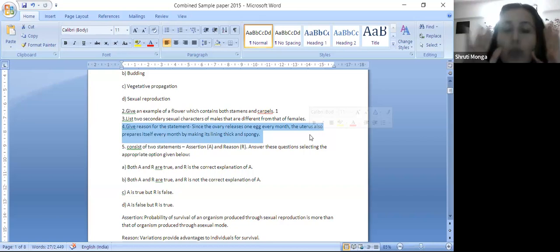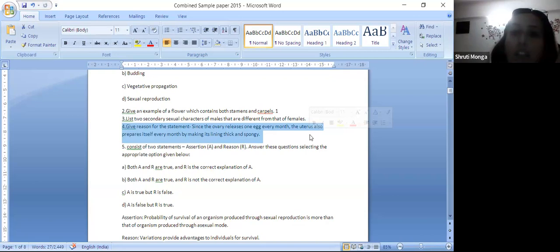You can write that for implantation to take place, the zygote formed as a result of fertilization needs the lining to be thick so that it can implant and attach in the wall of the uterus, so that the remaining development can take place.